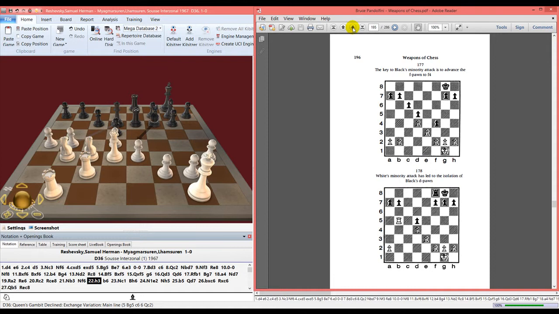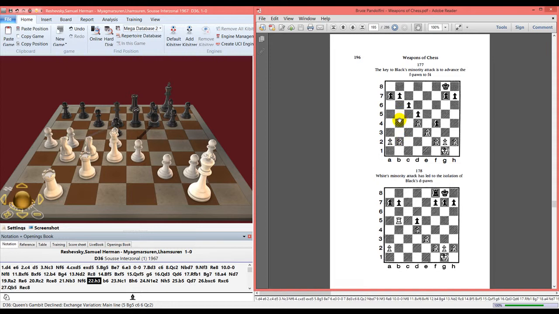Let's go ahead and take a look at the next part. Yeah, that's black's minority. If he can get that pawn to f4, then black has a minority attack on the king side, white has a minority attack on the queen side. That's what I hope that you guys see.